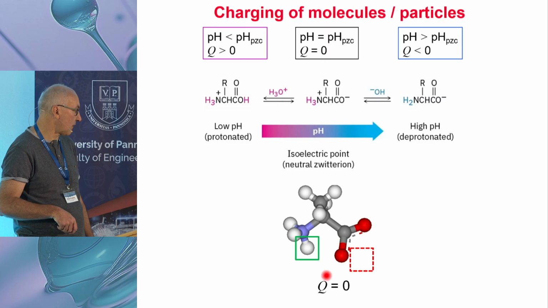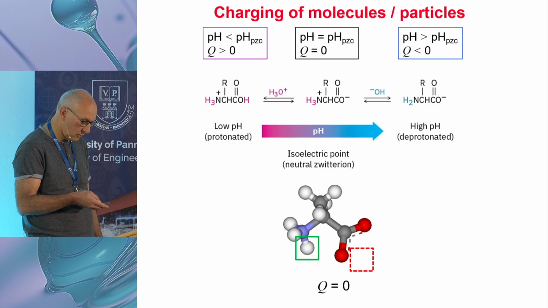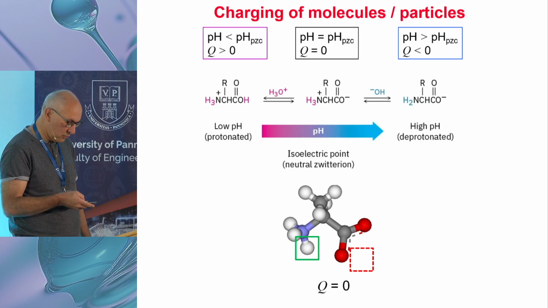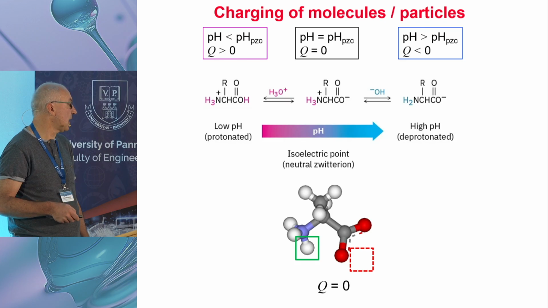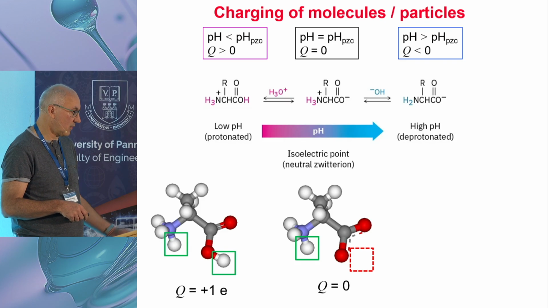So here we have a missing hydrogen from the carboxylic group, but here we have an extra hydrogen on this amino group. And if you then lower the pH, there will be a surplus of H plus ions in the solution.